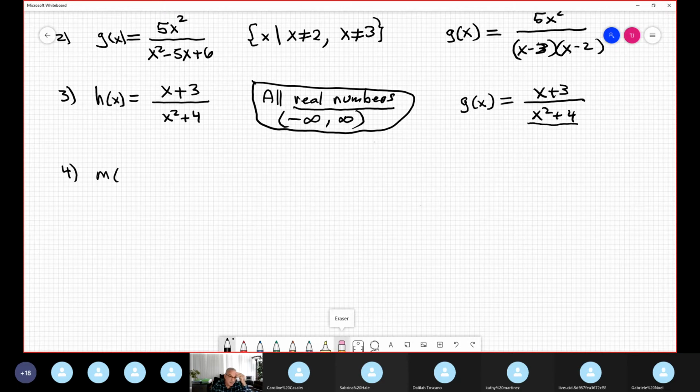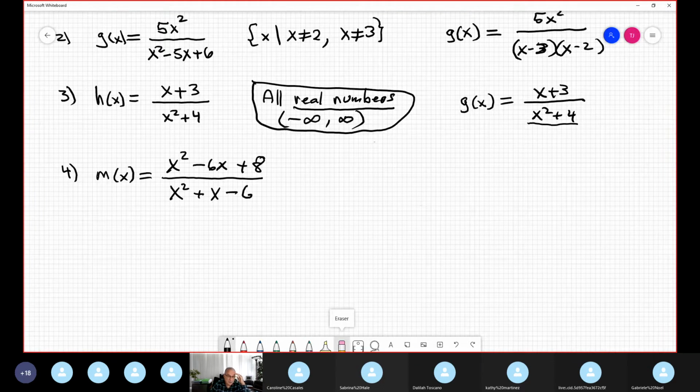Let me call M equal to x squared minus 6x plus 8, divided by x squared plus x minus 6. In the top we have degree 2, and in the bottom we have degree 2 also. Nice.